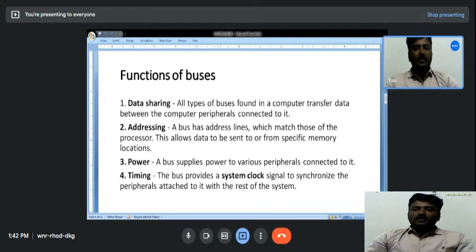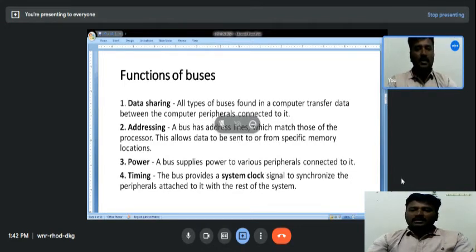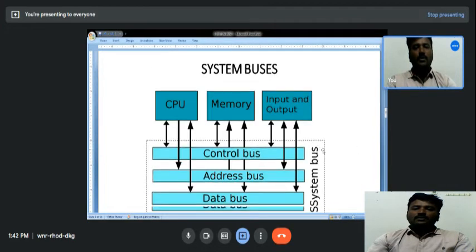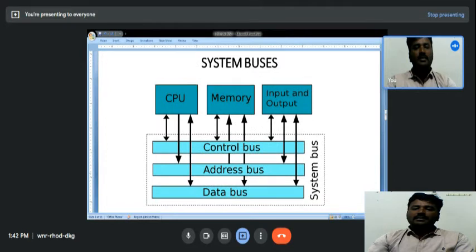The bus provides a system clock signal, which is the control bus, to synchronize the peripheral devices attached to it with the rest of the computer components. That is one of the important things. So this is the basic architecture of the system bus.